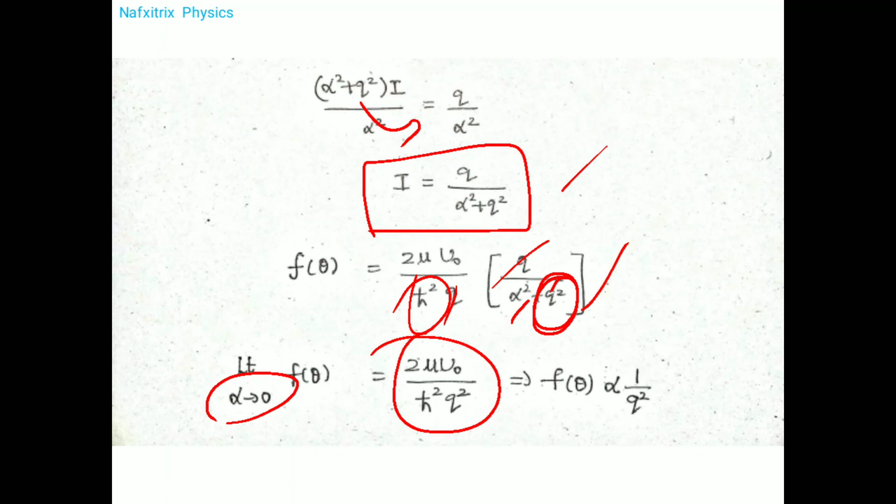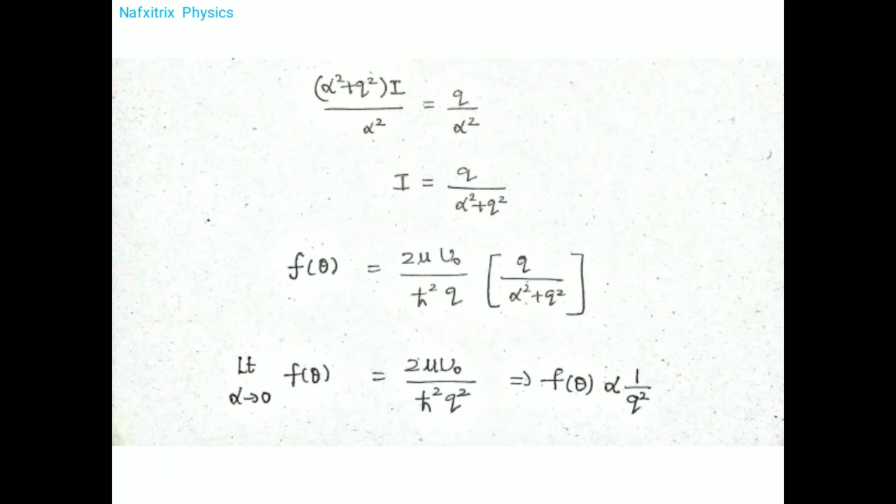Finally, they have asked us about the proportionality between this scattering amplitude and this momentum transfer q. If all of these are taken to be constants, finally what would remain is k into 1 by q square. That means f of theta is proportional to 1 by q square.